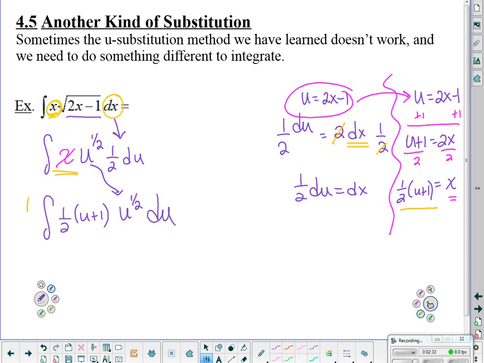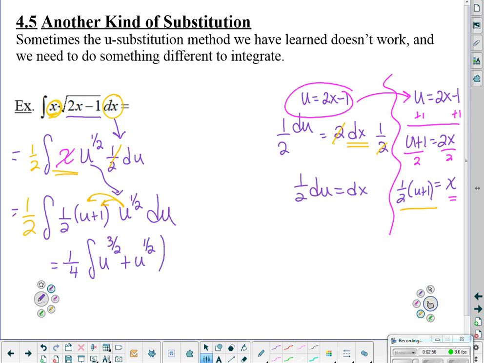Let's bring our 1/2 out front from here, so we'll move that to the beginning. That other 1/2, we could do the same thing, so that's going to bring up a 1/4 out front of the integral. And then let's distribute. So we get u to the 3/2 plus u to the 1/2.